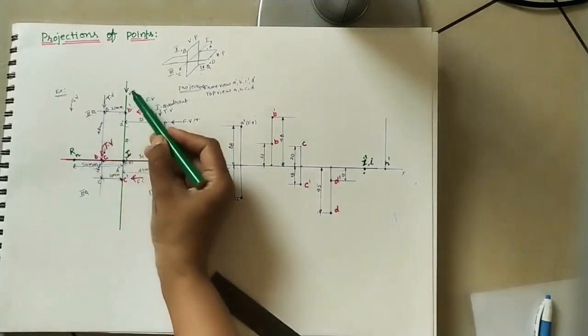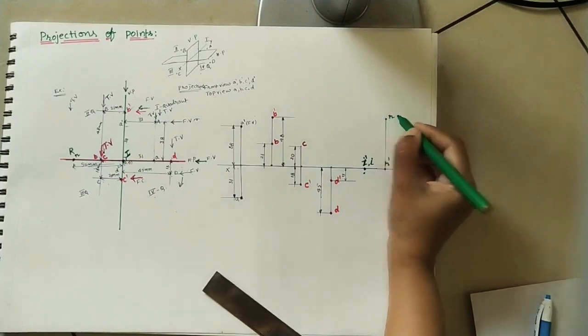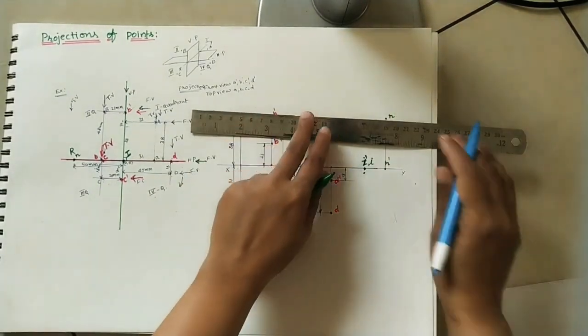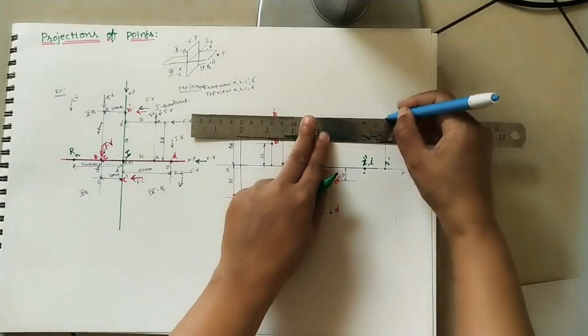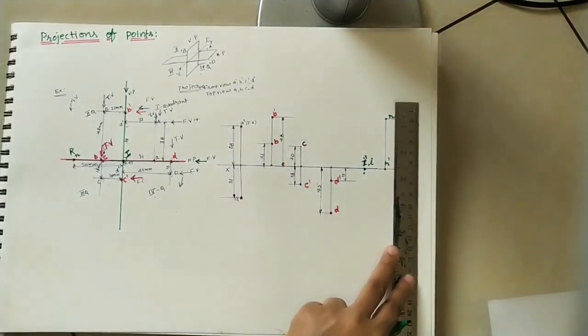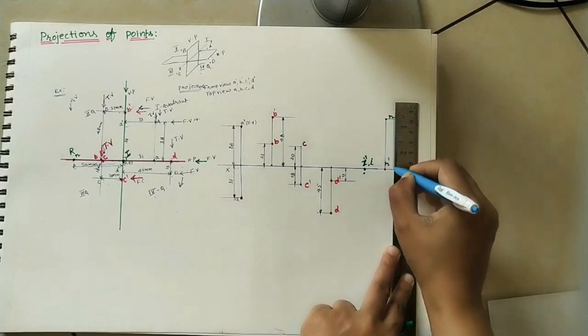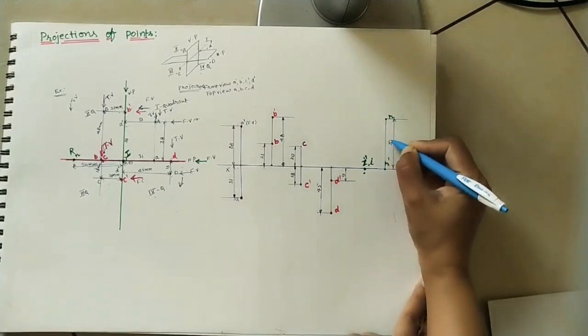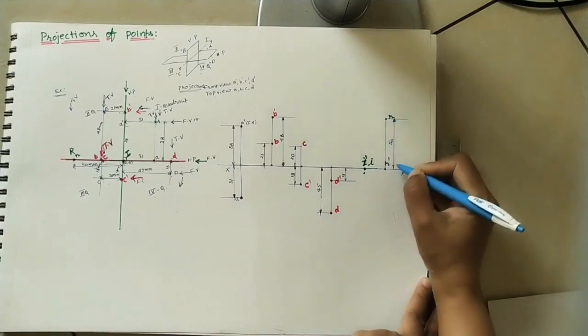So r will move in the upward direction. So this gap is 50 mm. Mark the given dimensions. Fill this arrow.